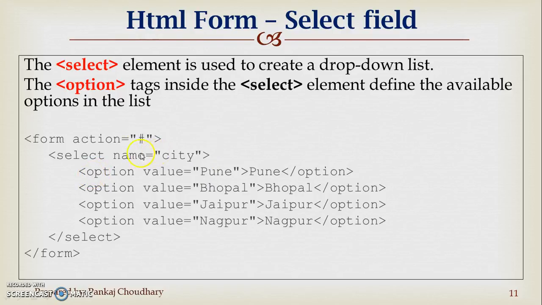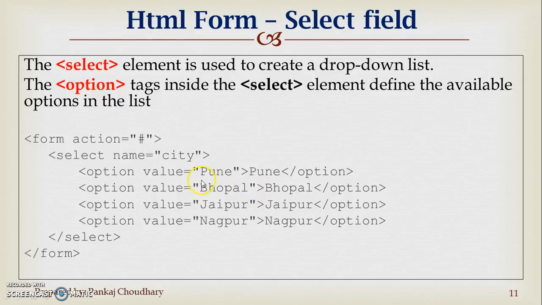Here the name of the select input element is city, and the user has to select from these options, for example the option Pune. There is the option tag which has an attribute value. It specifies Pune, and the visible part for the user is this Pune. When the data is submitted to the server, the actual value submitted is this value, so this value may be different from this text.